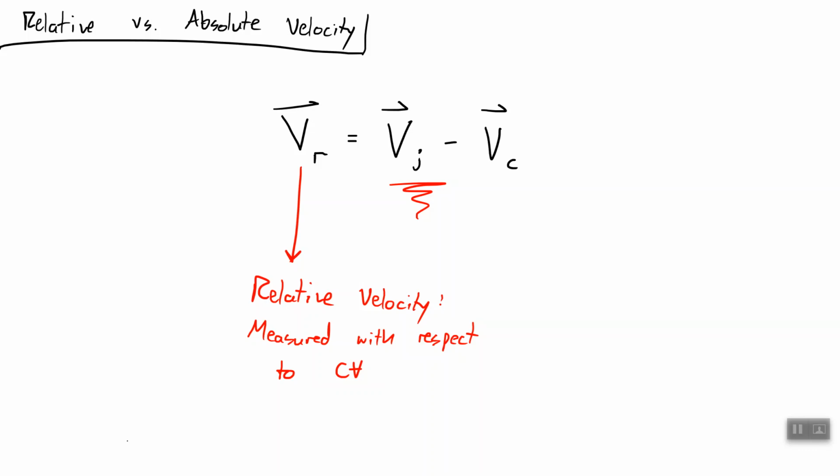So relative velocity is the velocity measured with respect to the control volume. Now I'm going to redefine this term not as V jet, but as V absolute, VA, where this is the absolute velocity.